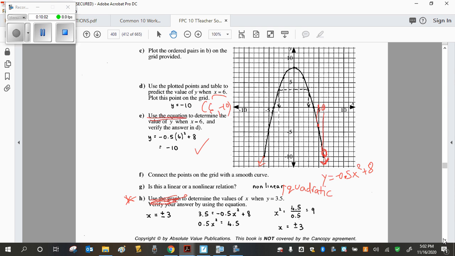And in this case, when y equals 3.5, or when the graph is 3.5 units high, there are 2 points, positive 3 and negative 3. So 2 points when y is 3.5 units high, 3, 3.5, and -3, 3.5, because this parabola is symmetrical.